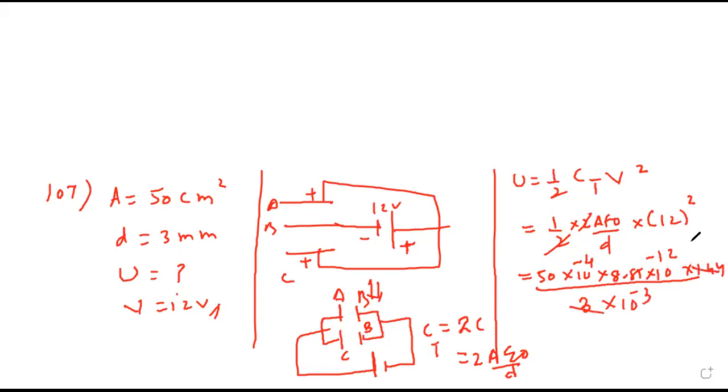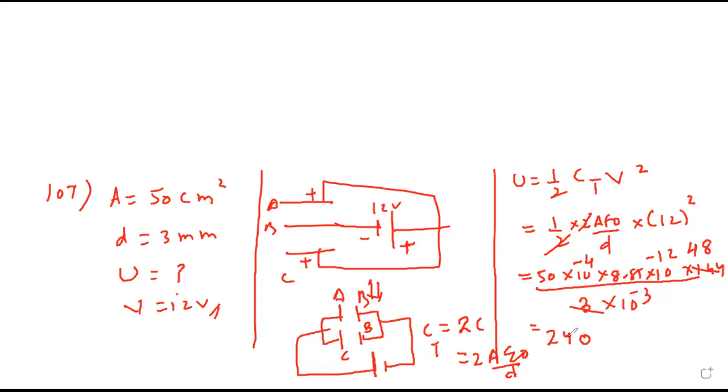3 into 4 is 12, remainder 2. 3 into 8 is 24. 3 4s are 12. Equals now 48 into 50. 5 into 8, 40. 5 4s are 20.